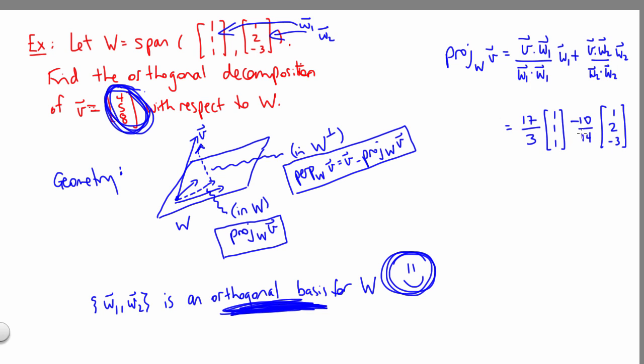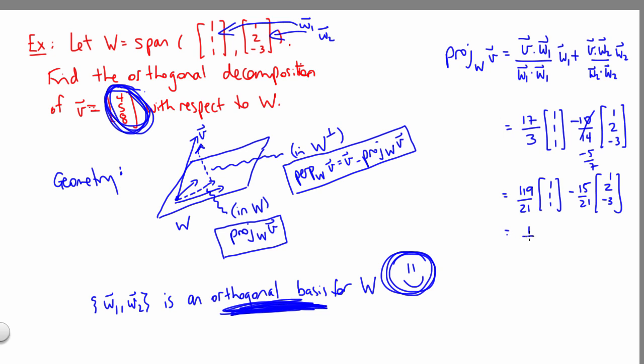Alright, so I'm going to simplify this fraction here. Instead of saying negative 10 over 14, why don't we call it negative 5 over 7, and we can think about finding a common denominator here. I'm going to multiply top and bottom by 7. That's going to give us 119 over 21 times 1, 1, 1. And looking at our second fraction here, let's multiply top and bottom by 3.